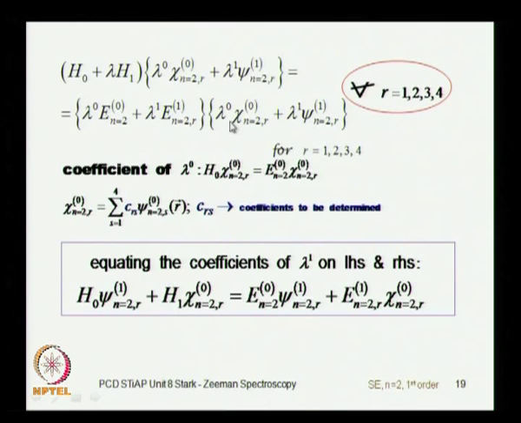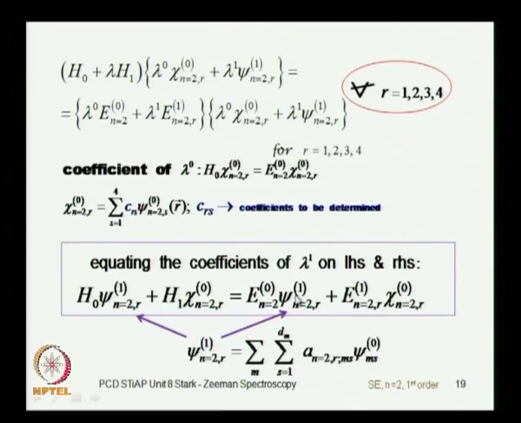So in the first order terms you will have only lambda to the 1, and this is lambda to the 0. So you get E1 chi 0, which is what you have over here. Essentially what we are doing is first order perturbation theory of the degenerate state.